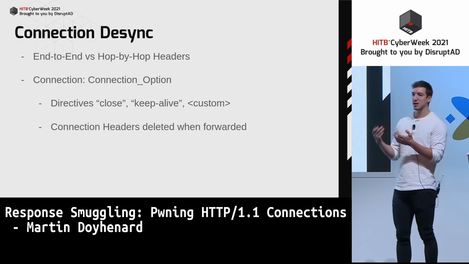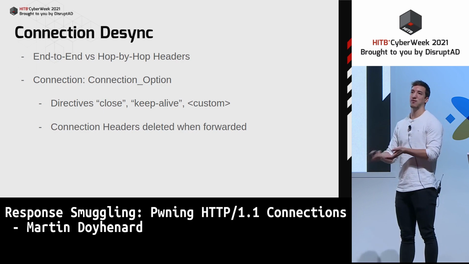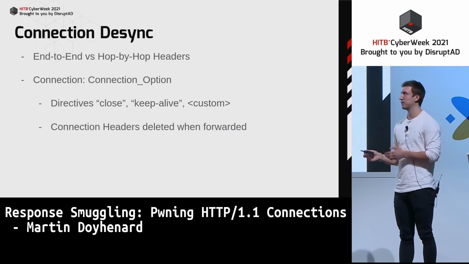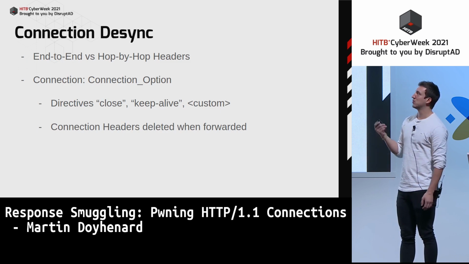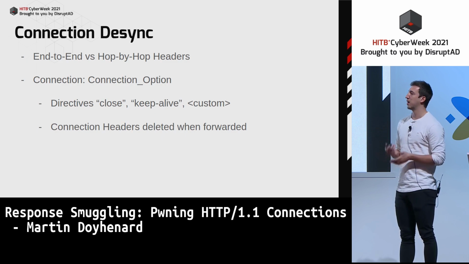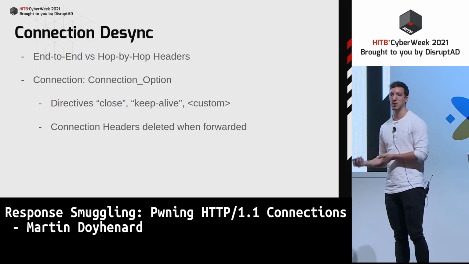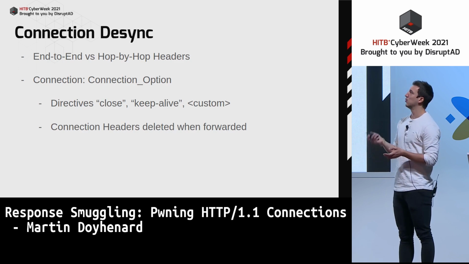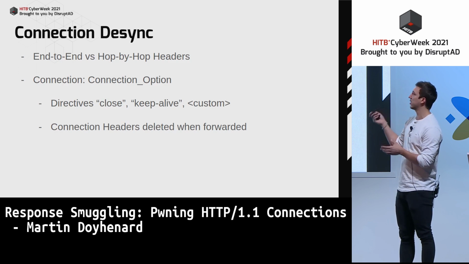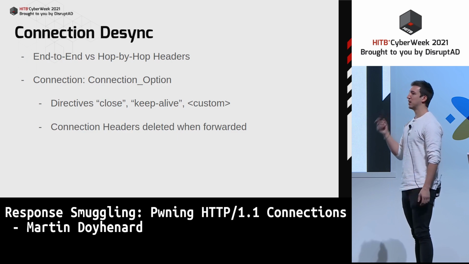But as I said, we can use, for example, two content lengths, but there are also many ways of creating this desynchronization. One of the most interesting variants that I found, and was able to report to many vendors, was to use some new connection headers that will allow me to exploit this kind of vulnerability.